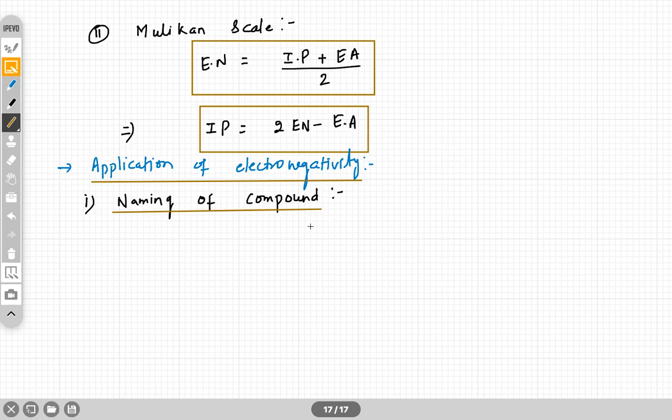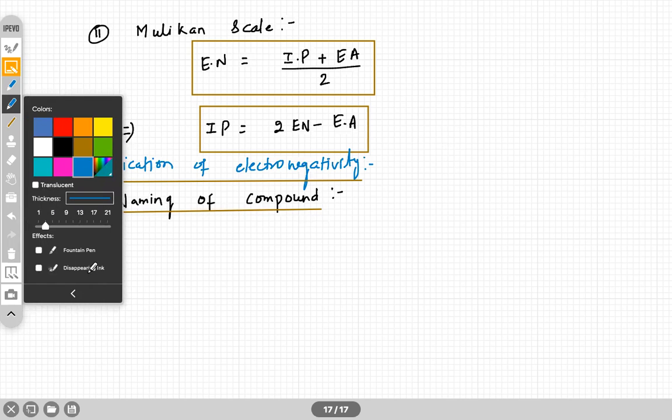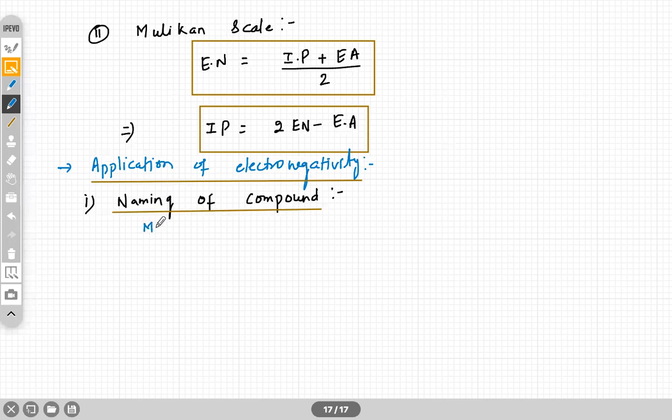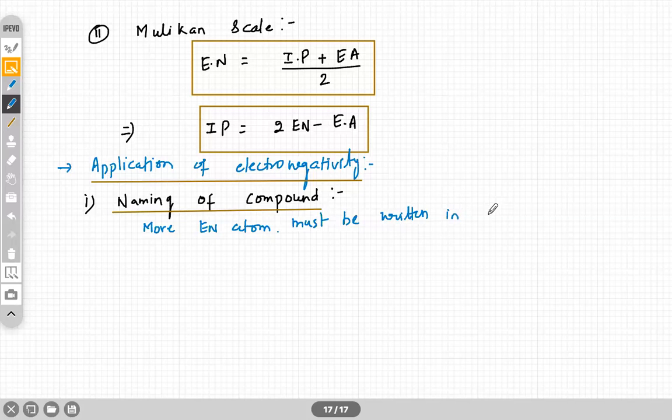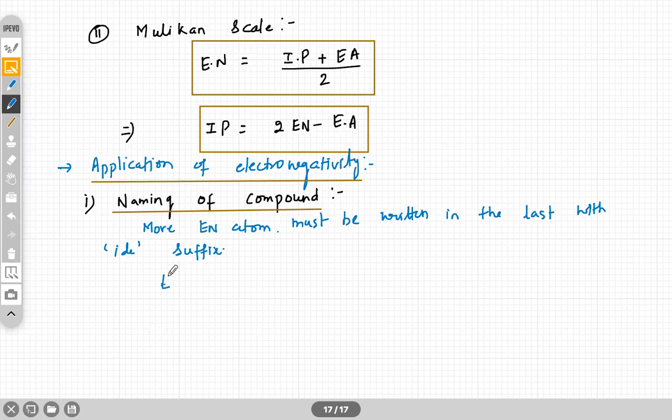In a compound, the more electronegative atom must be written last with the "ide" suffix. For example, you see this.